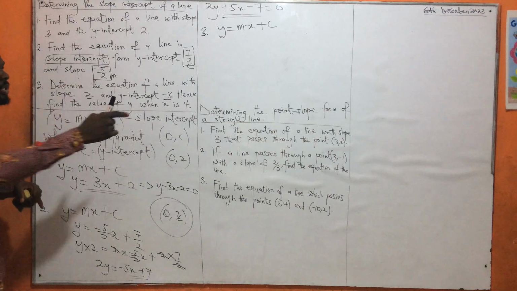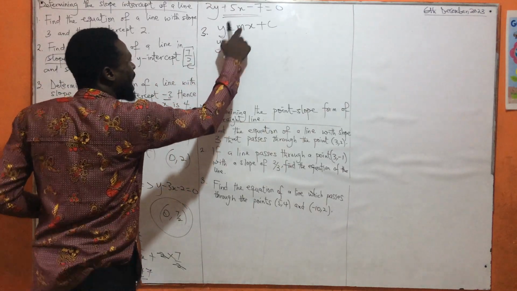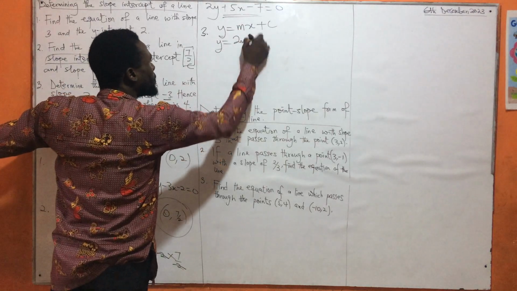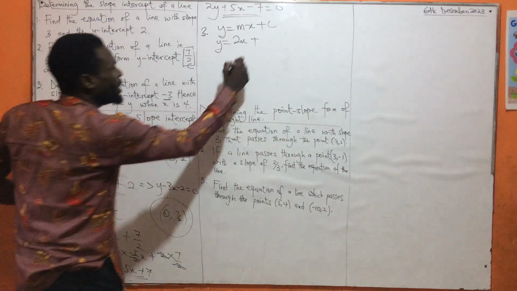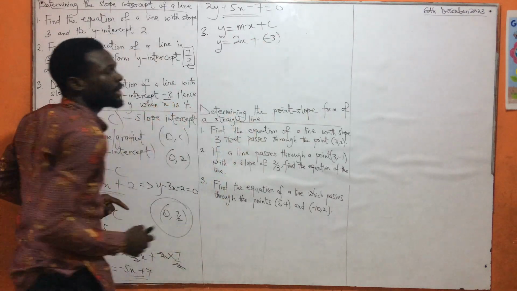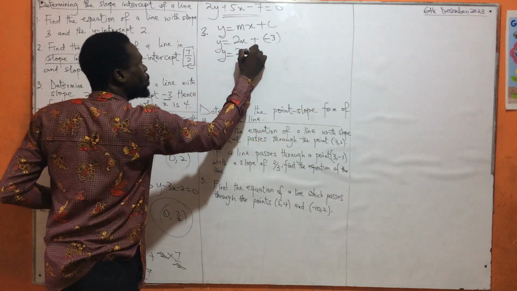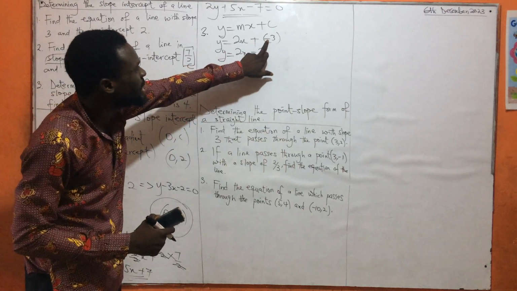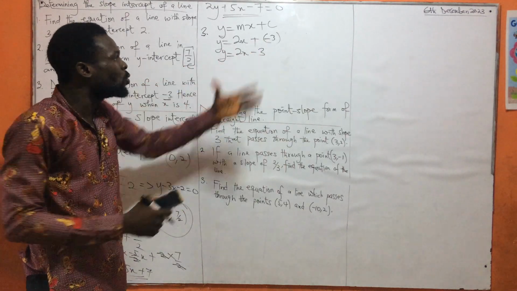So we substitute. I'm going to rewrite and say y equals mx, but the m is 2, so 2x plus c, and the c is -3. Rewriting this properly gives y equals 2x minus 3, because positive meeting negative multiplies to give negative. Now what will be the equation?